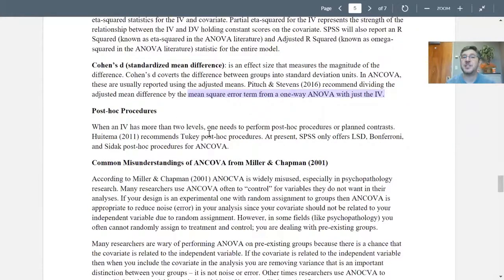So we kind of mentioned this: if your independent variable has more than 2 levels, you need to do a post hoc test or some type of contrast. SPSS only offers the LSD, the least significant difference, which is no adjustment at all, a Bonferroni, or a Sidak post hoc for you to choose from. And I think in the example, I walked through a Bonferroni adjustment.